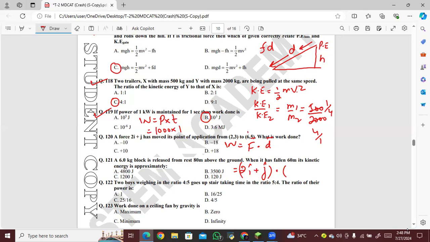So you will subtract these values. 6 minus 2 becomes 4i, plus 5 minus 3, 2j. Now you can take the dot product by simply multiplying i with i and j with j. 2 into 4, 8, plus 1 into 2, 2. So the answer is 10 joule.